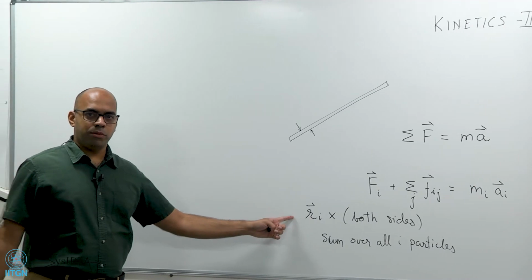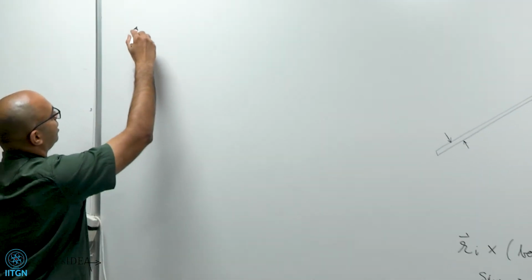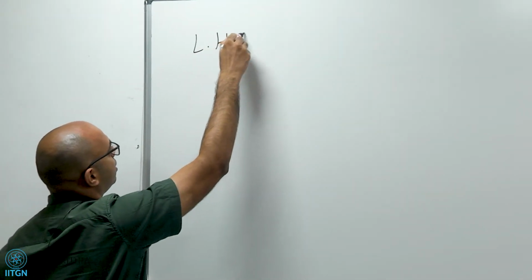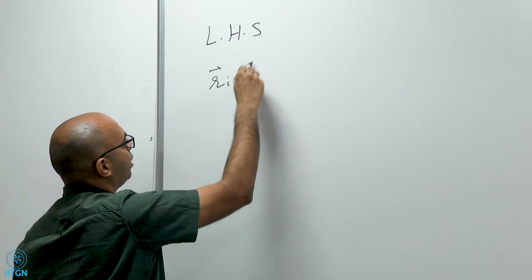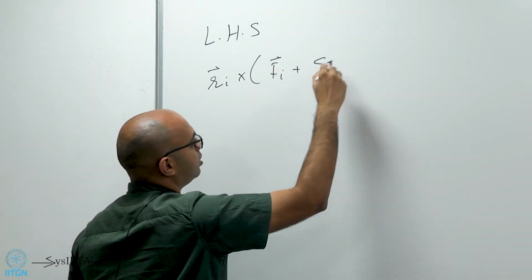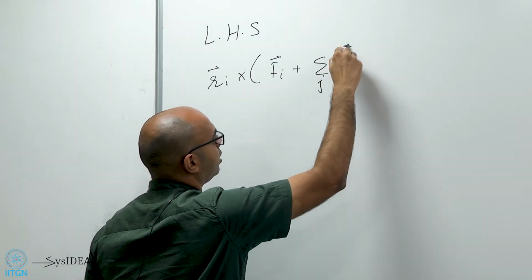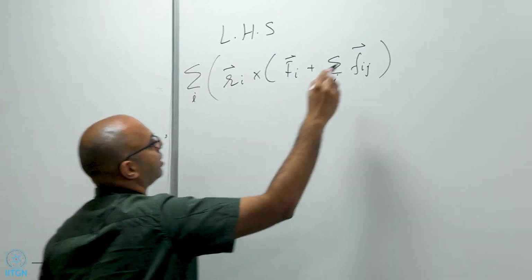So when we take moments on both sides and sum over i particles, the left hand side of this ends up being ri cross with Fi plus sum over j Fij, and the whole thing is sum over i particles.